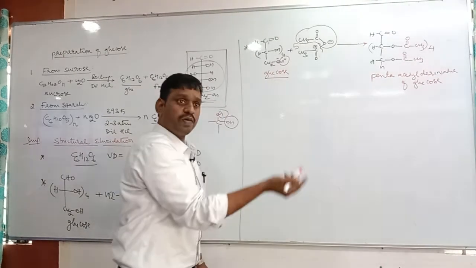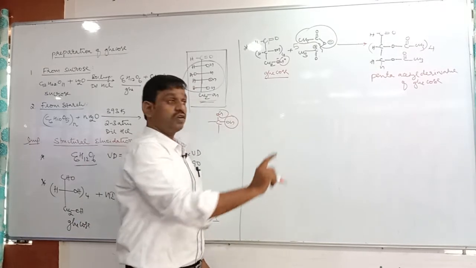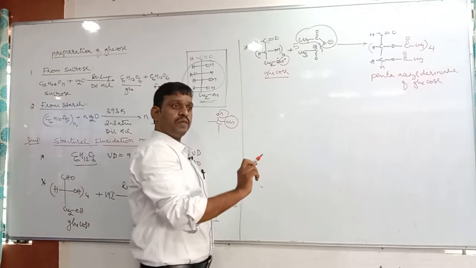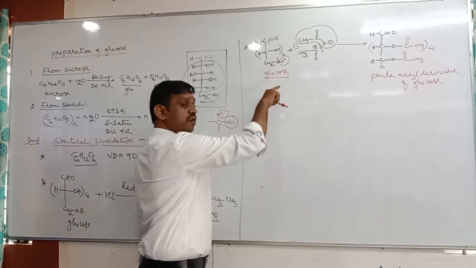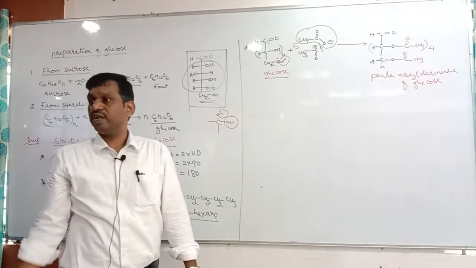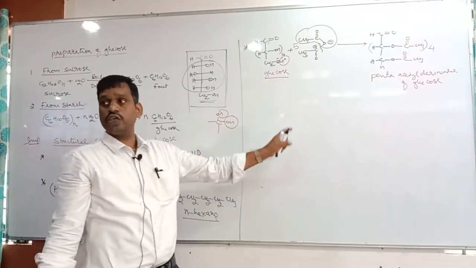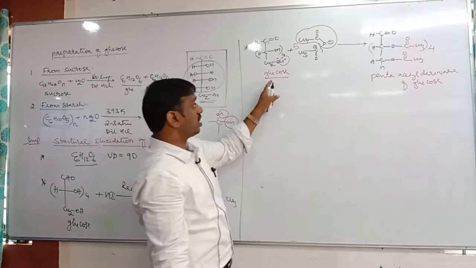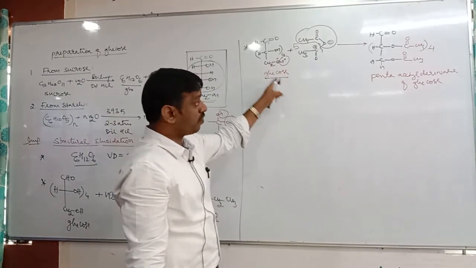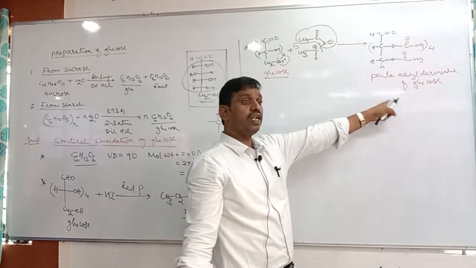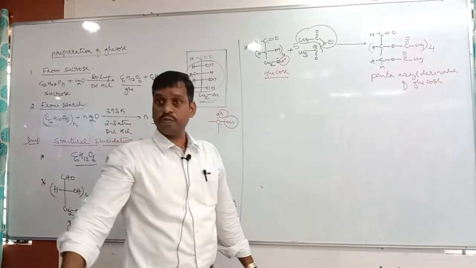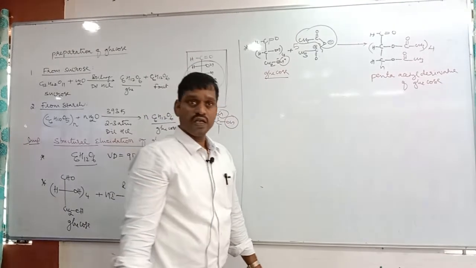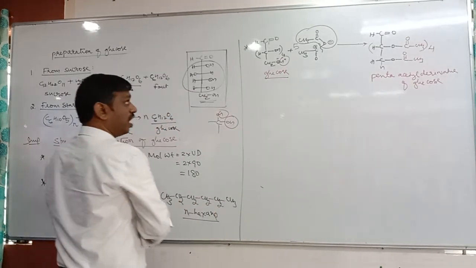Since glucose is stable, there is no possibility of two OH groups on the same carbon. If two OH were on the same carbon, glucose would be unstable. So glucose contains 5 OH groups on different carbon atoms, because it forms the penta-acetyl derivative. Okay, this is the one reaction for alcohol.